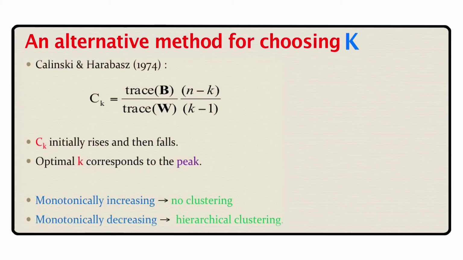That is the bottom of the tree. So this is how you can do partitioning, and this is how you can choose the number of clusters k that you partition the observations into.